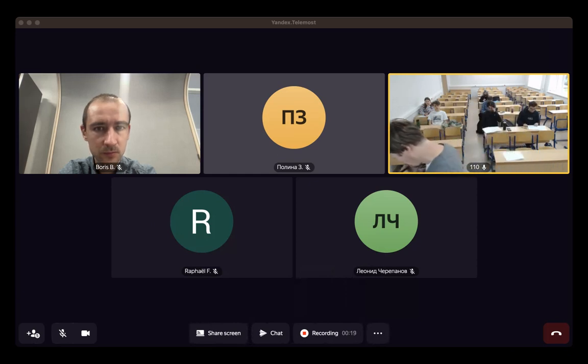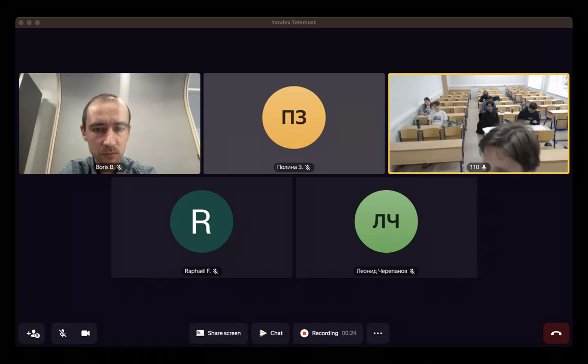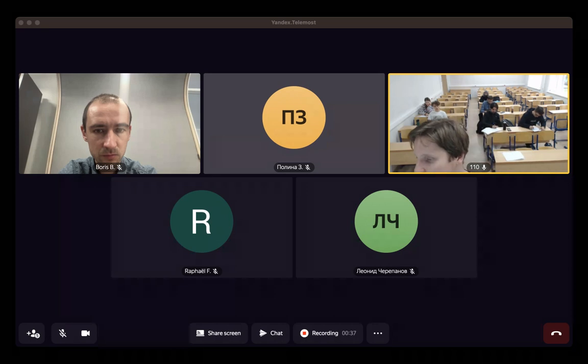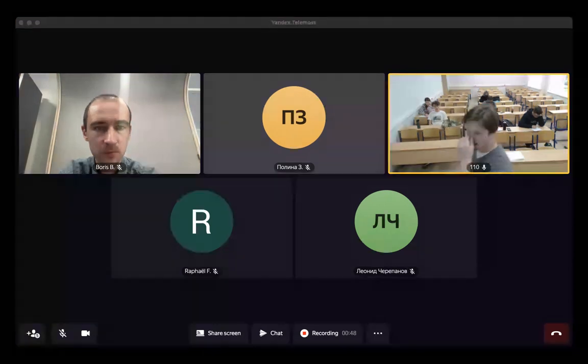So for simple Hurwitz numbers, let's recall our combinatorial definition. We wrote H_g(mu), where mu is mu_1, mu_2, and so on, mu_n.